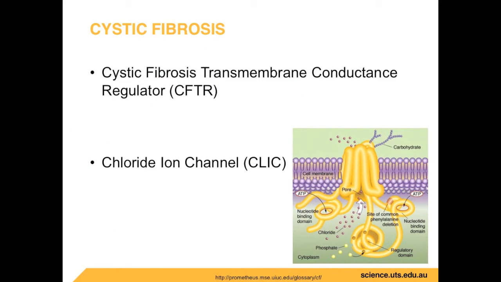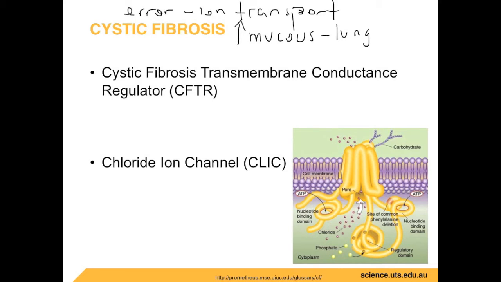Cystic fibrosis is an error in ion transport. And a classic symptom of cystic fibrosis is an increase in mucus in the lungs. It's a single amino acid change, a single mutation in the CFTR protein, which is the cystic fibrosis transmembrane conductance regulator.